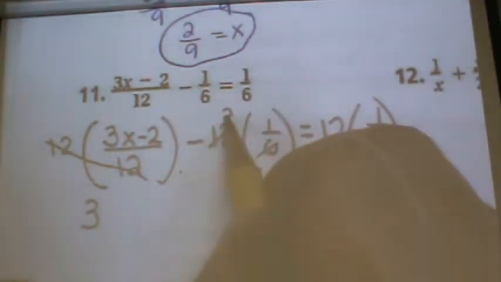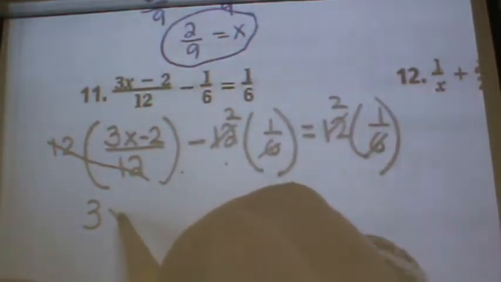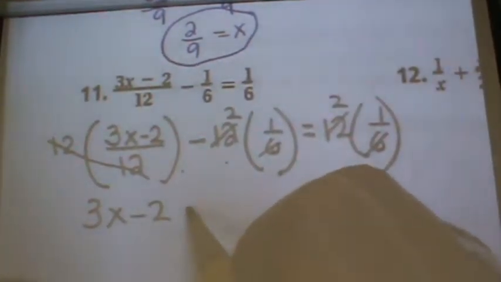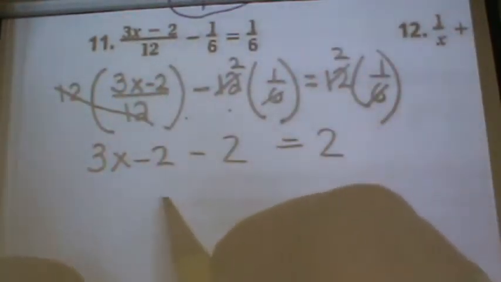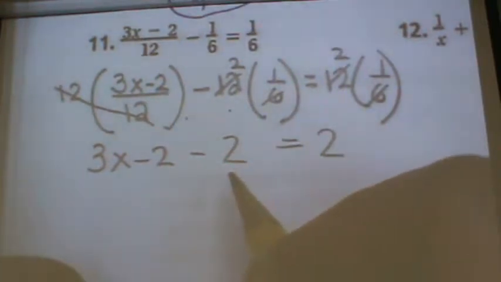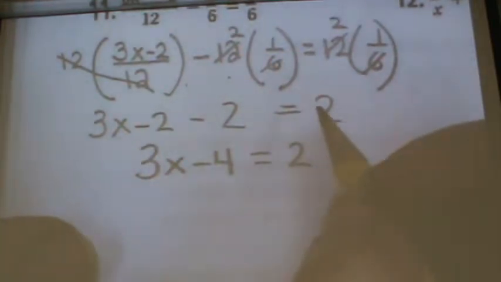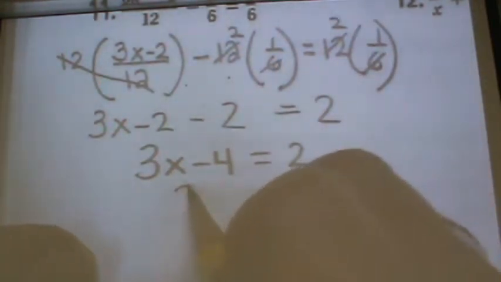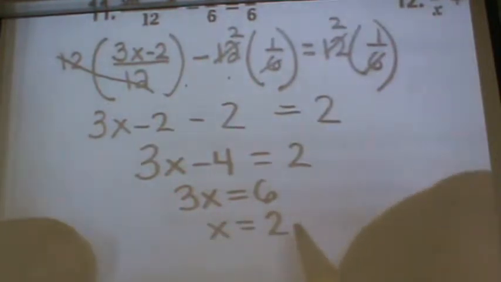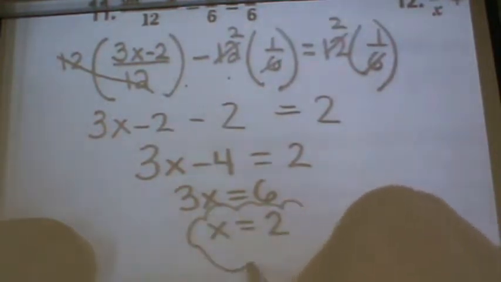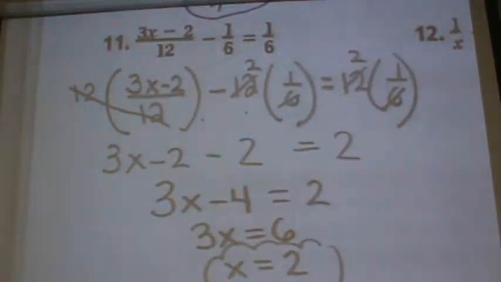Okay, so it'll be a 2, and 2 here. So what do I have here? 3x minus 2 minus 2 equals 2. Next: 3x minus 4 equals 2. Next. Add 4, what do you get? 6, then what? x equals 2. What's your answer? And that's it. How could you check this? You plug that in here, and you should get the same thing on both sides.